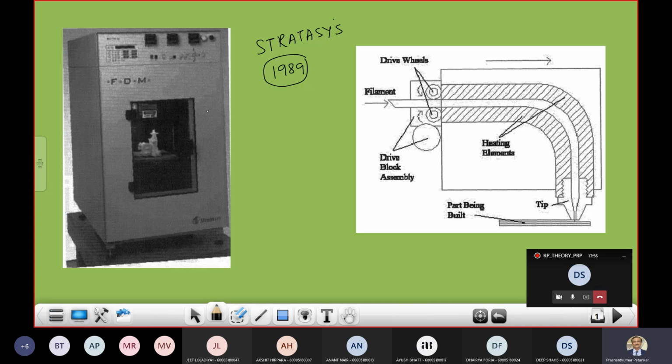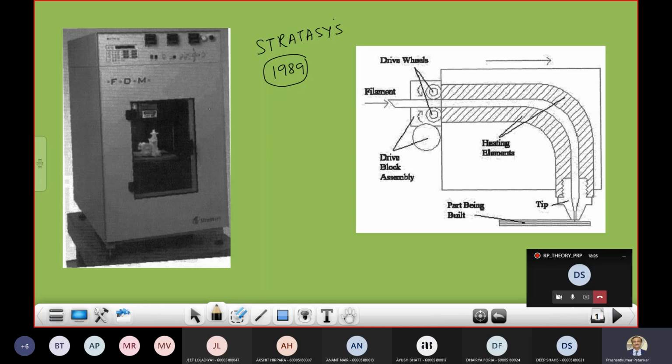From here, what I want to bring to your notice is that fused deposition modeling is an extrusion based rapid prototyping process, and it works on the same layer by layer principle used in other rapid prototyping systems.